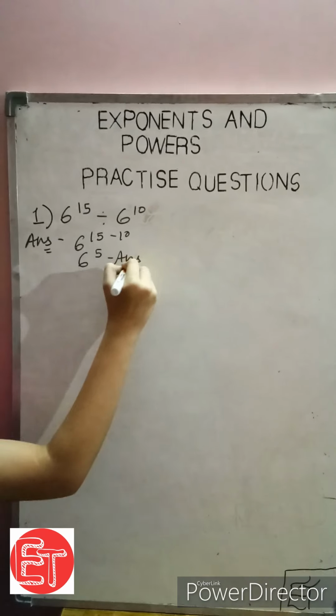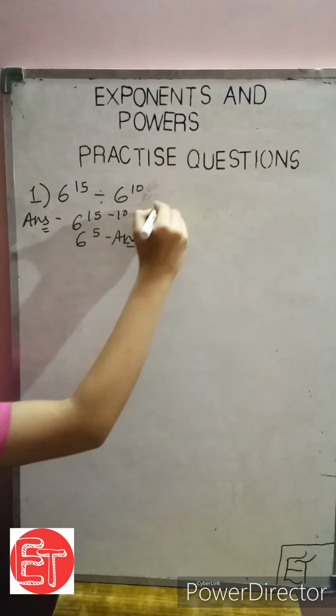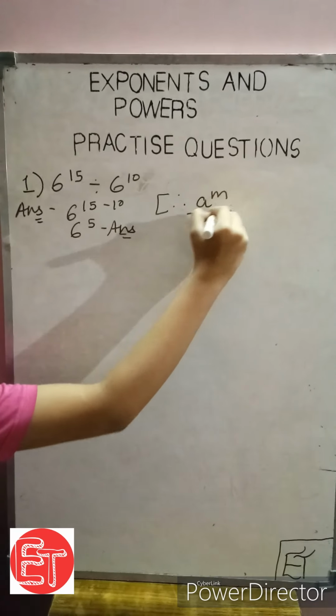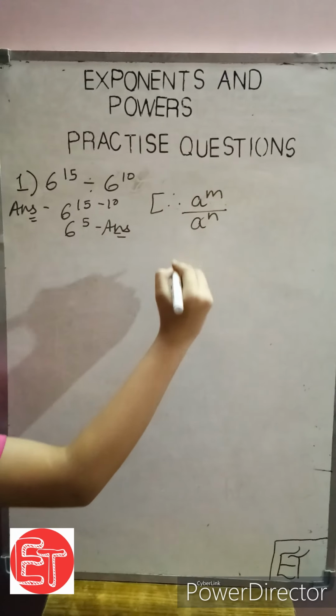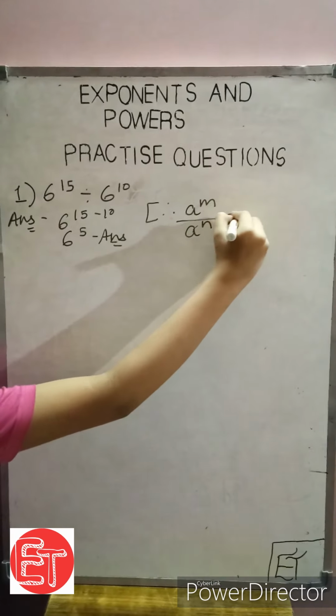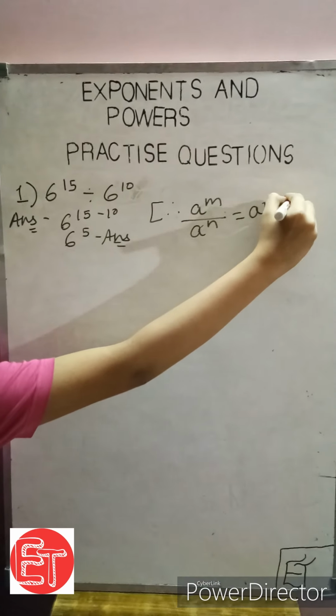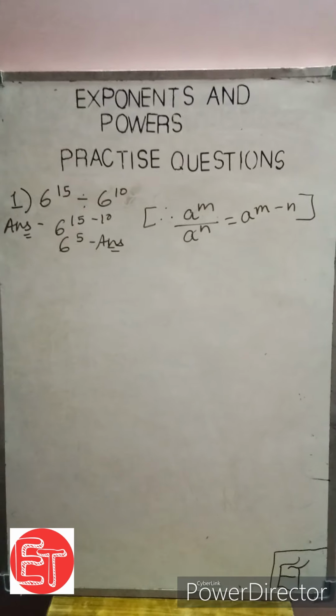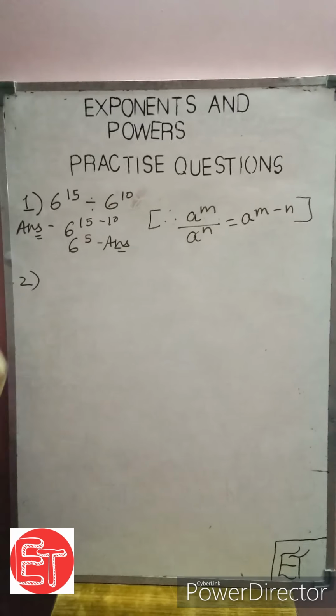Why did I subtract? Because of the law that says a raised to the power m upon a raised to the power n will give the result a raised to the power m minus n. Okay.